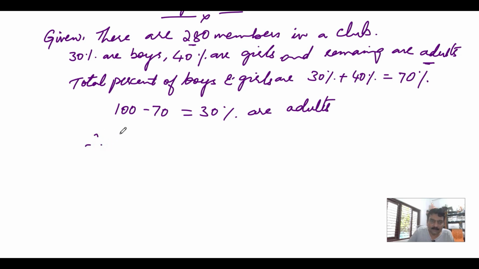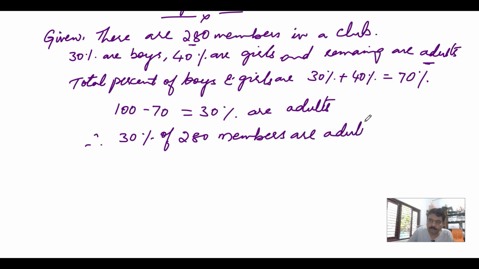Therefore we can say 30% of 280 members are adults. So 30% means what? 30 out of 100 of 280. This zero gets cancelled, right? 10 ones are 10, 10 threes are 30.